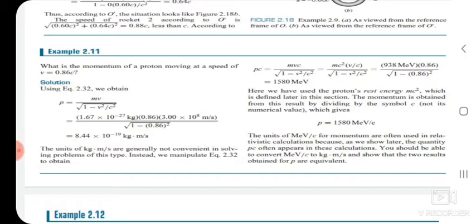Therefore, 1.67 into 10 to the power of minus 27 kg into 0.86 times c, 0.86 into 3 into 10 to the power of 8 meter per second divided by square root of 1 minus 0.86 square. If we simplify, you will get 8.44 into 10 to the power of minus 19 kilogram meter per second.